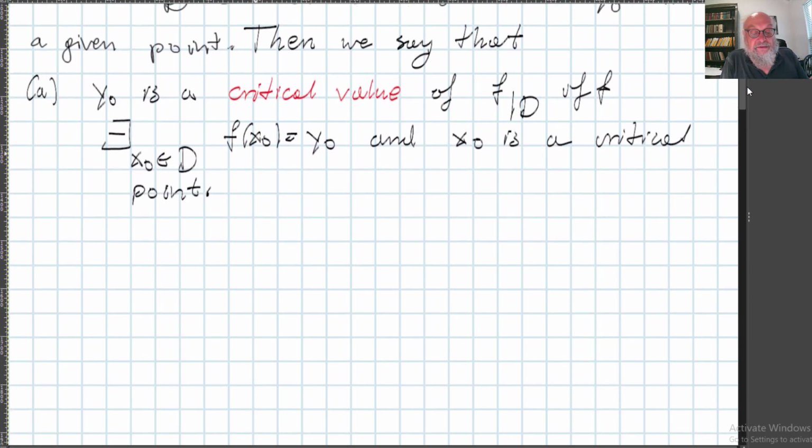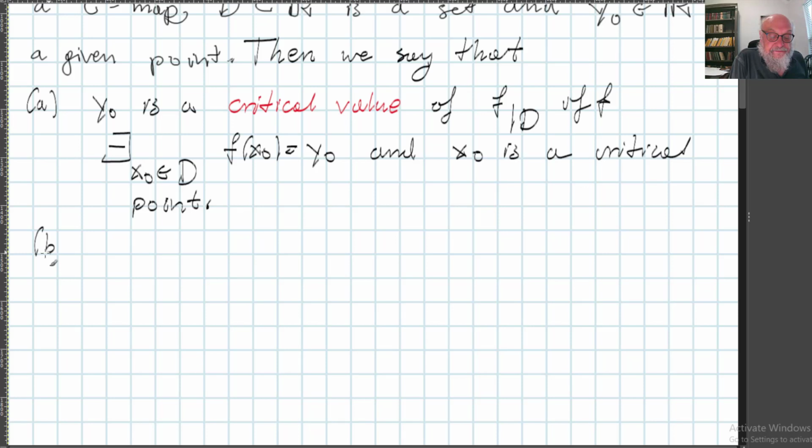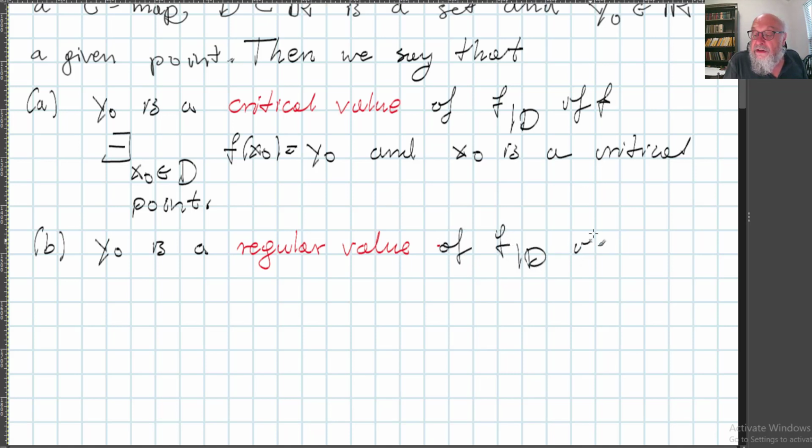And then we have (b) y naught is a regular value of f restricted to D if and only if it is not a critical value.